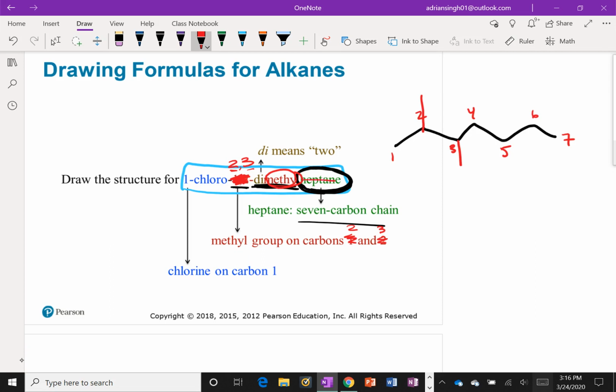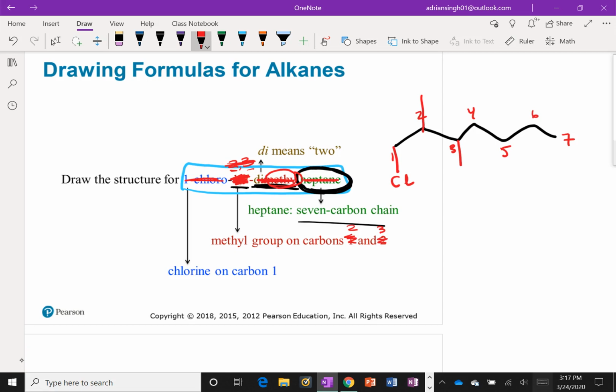All right, so we had our heptane, our 7 carbons, we had our 2,3 dimethyl, and now we have a chlorine on carbon 1. So there's my bond to a Cl. That's my 1-chloro-2,3-dimethylheptane.